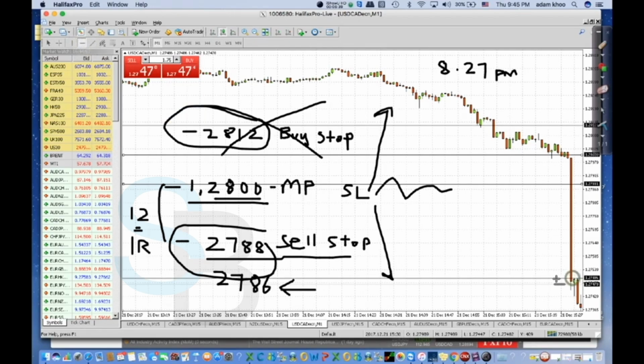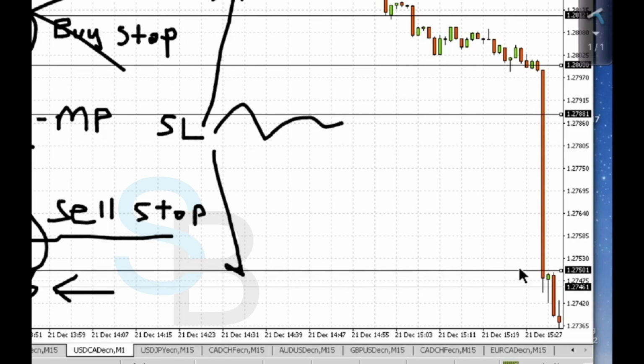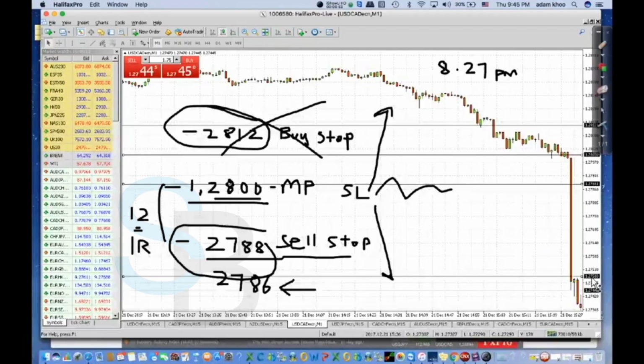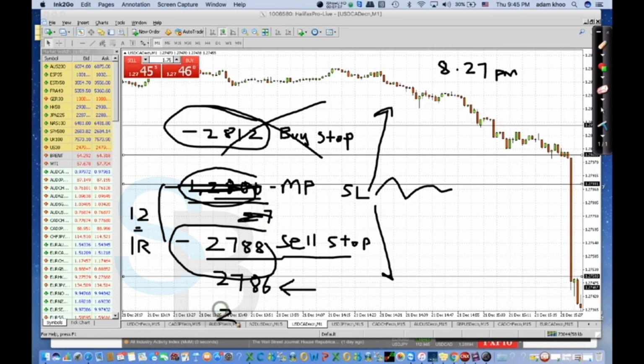At that time, the market price was 2750. So I changed my stop loss to 2750. Okay, so this was my new stop loss.